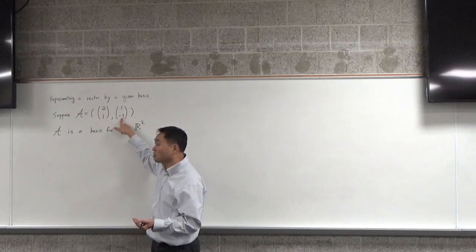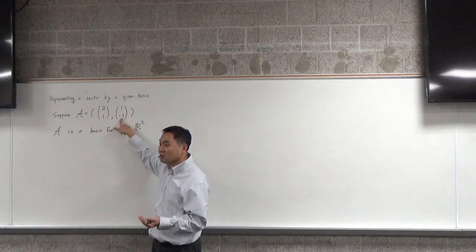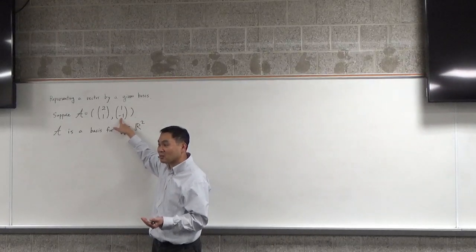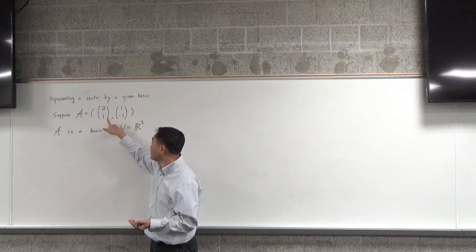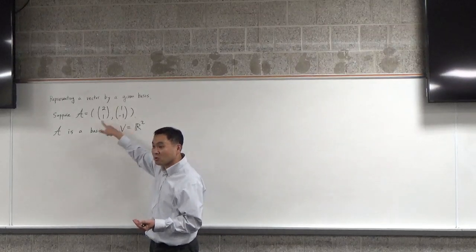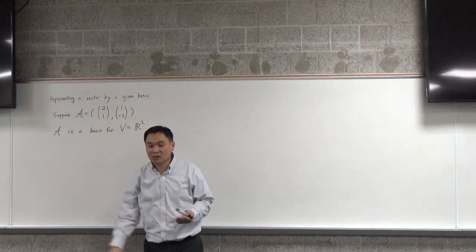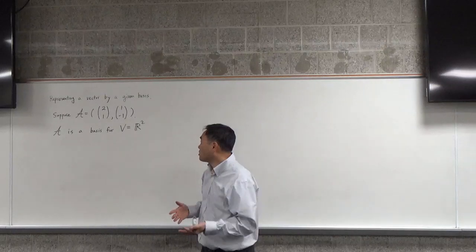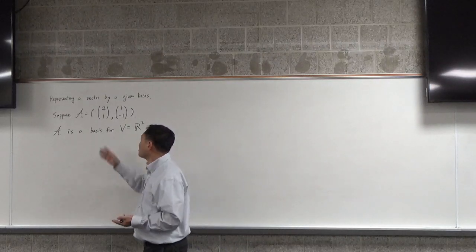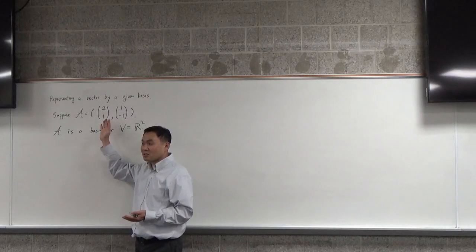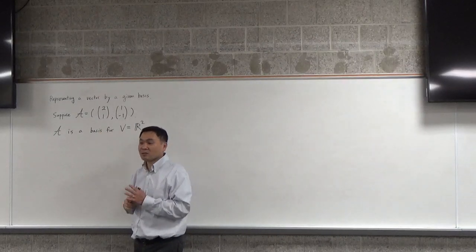Is this vector a scalar multiple of this? No. They're pointing in different directions, right? So there's no way that this could be a scalar multiple of this, nor vice versa, okay? So that's an intuitive way of directly seeing that these two vectors are linearly independent, okay?